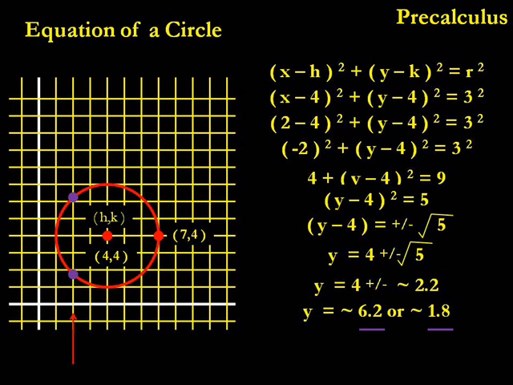So y equals about 6.2 or about 1.8. But you don't want to leave your answer in this form. You don't want to leave it as y equals about 6.2 or about 1.8. You want to leave it as, like I said before, y equals 4 plus or minus the square root of 5.